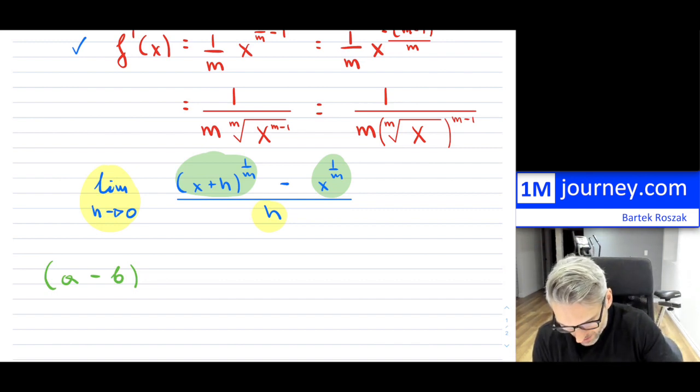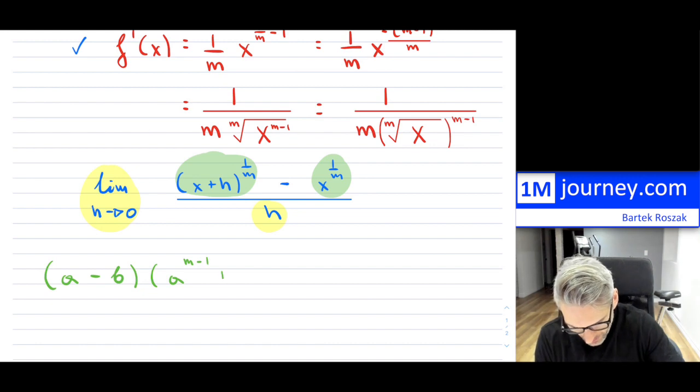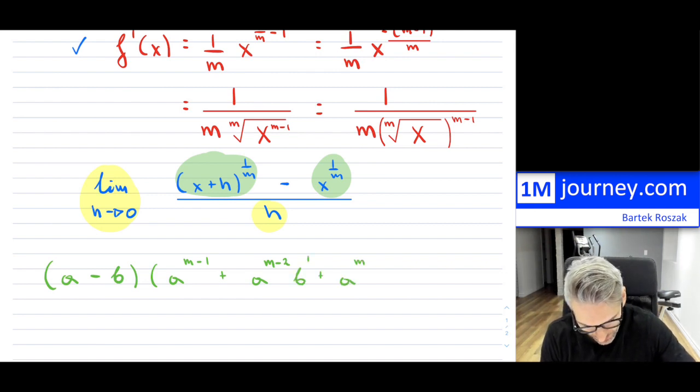Now I can multiply this by a to the m minus 1, plus a to the m minus 2 times b, plus a to the m minus 3 times b to the 2, plus, and I would continue this pattern.